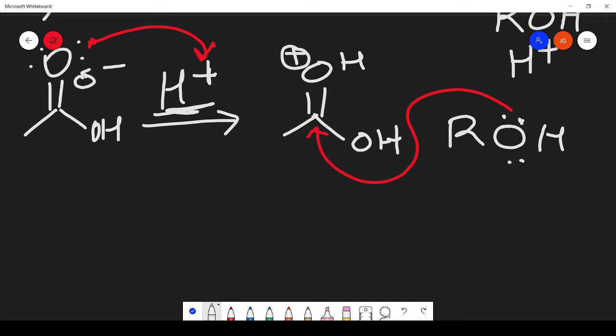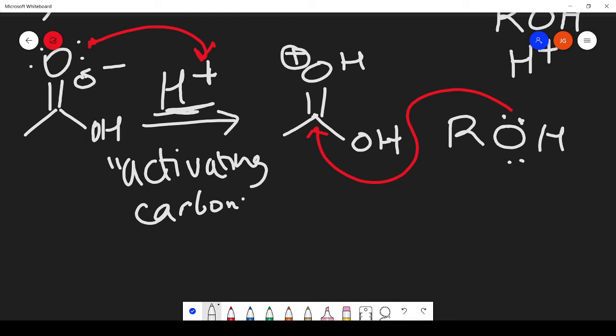It's doing something called activating the carbonyl. So that's the first reason why we need the H+. If we don't introduce the H+, this step over here is not really going to happen in any meaningful way. But this is going to happen if we introduce the charge here, if we create this intermediate where the hydrogen is bonded to this oxygen up here.